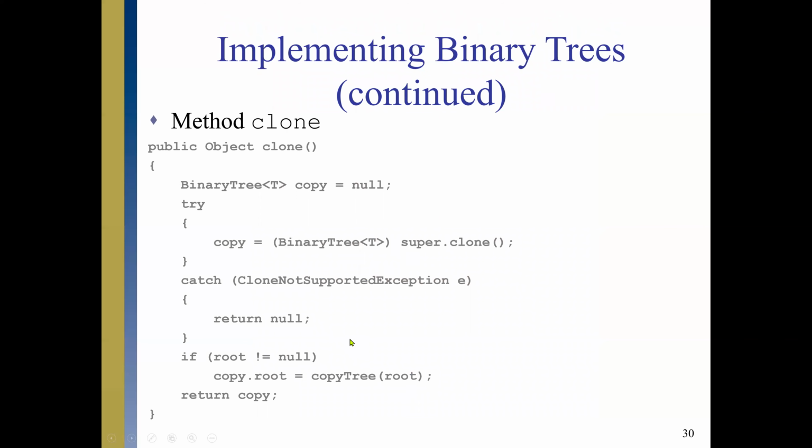So let's implement some of the methods. First we start with the clone. To clone, first we check if the binary tree copy is equal to null. We assign null to it. Then we call our exception, try, and we have binary tree super.clone.